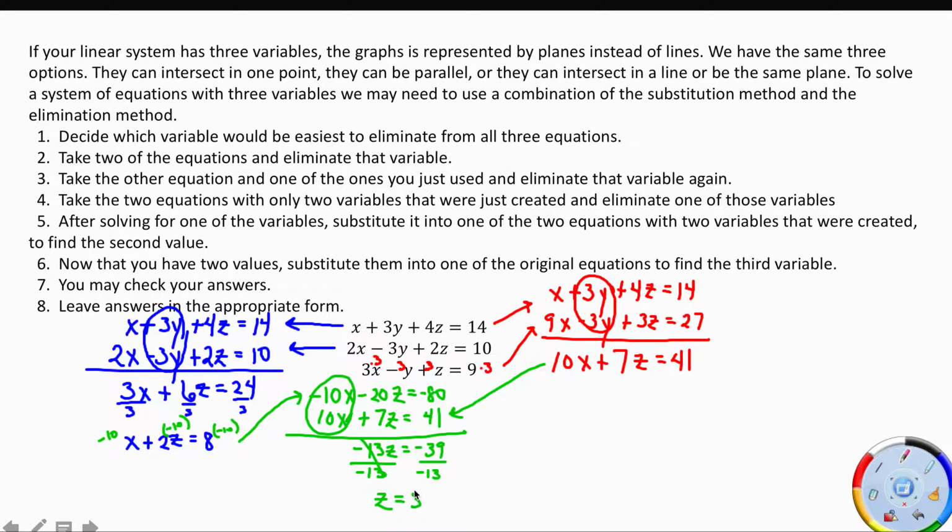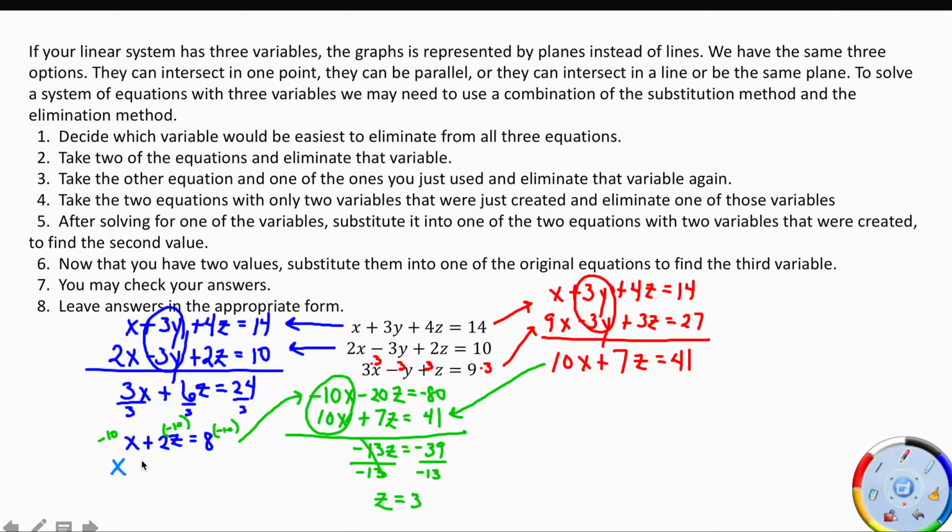Now, before we went back to our original equations, but it wouldn't help me any to plug a z into one of these equations. I'd still have an equation with two variables, so I couldn't solve it. But I can plug it into either of these equations, so I'm going to plug in right here z equals 3 into this, simply because my numbers are smaller than that equation.